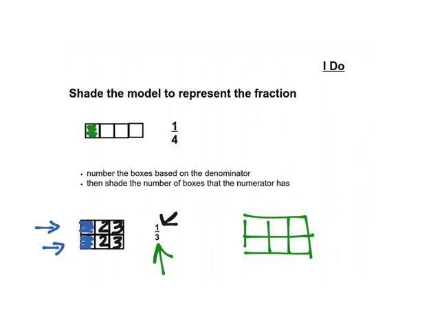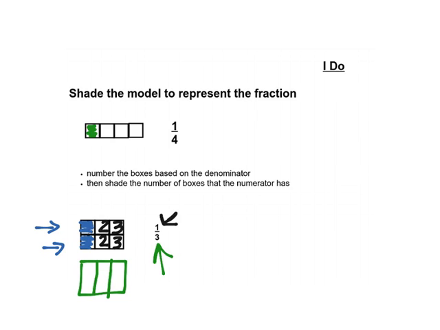Now let's come back over here to this model. I'm going to redraw it. If I were to have that same shape, the way I had it divided before, and I were to color in the 1/3 on this shape, take a look at that. So if you look, my shapes are the same. It's just this one kind of got divided in half.